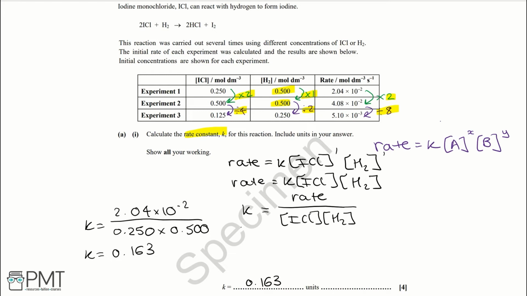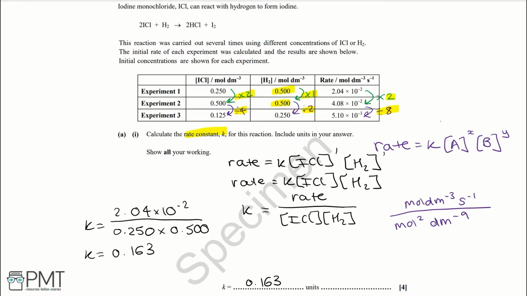Now, working out units, we have mol dm^-3 s^-1 as our rate units. Then we have mol^2 dm^-9 on the bottom. That is our two concentrations, because we've done mol per dm^3 squared, and that gives us mol^2 dm^-9.